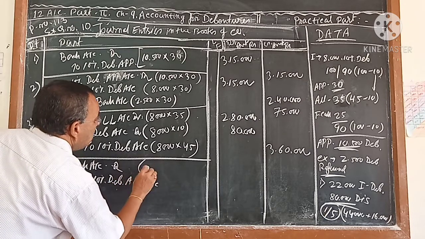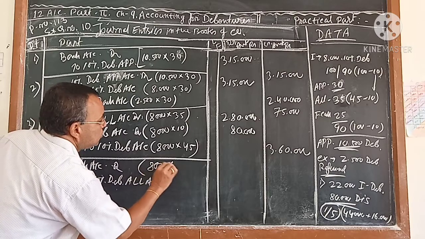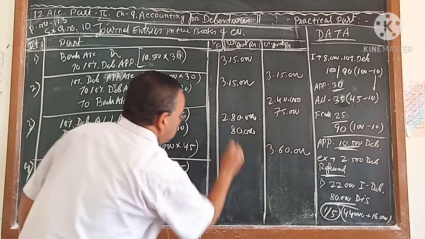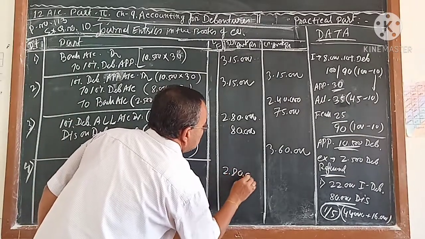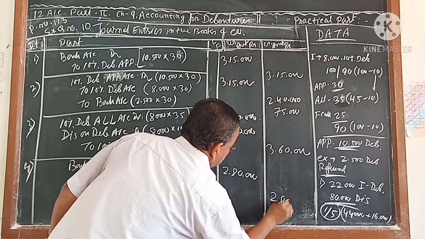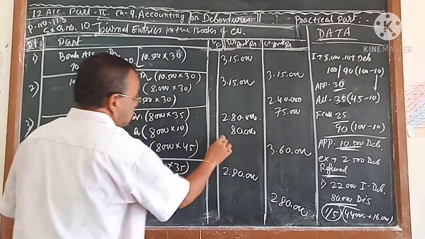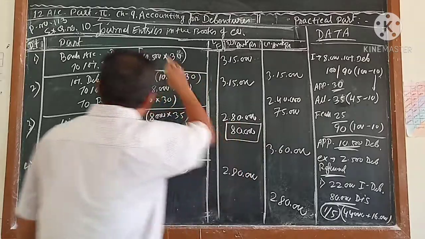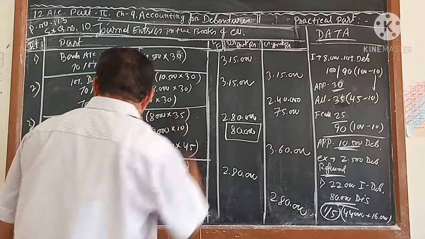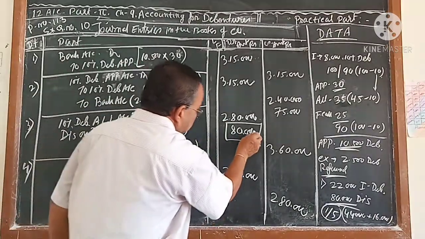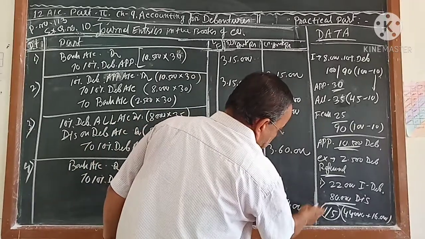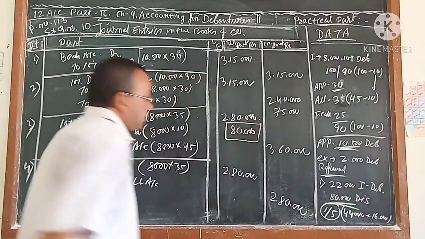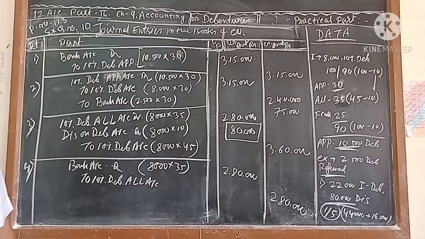How much are you going to write? 8,000 into 35, already we have written the amount 280. This discount amount keep in mind, because I will need it to pass the next journal. The discount is 80,000, and 1/5 of 80,000 comes 16,000; you have to write it off, and what journal it will come in, that I will tell you afterwards.